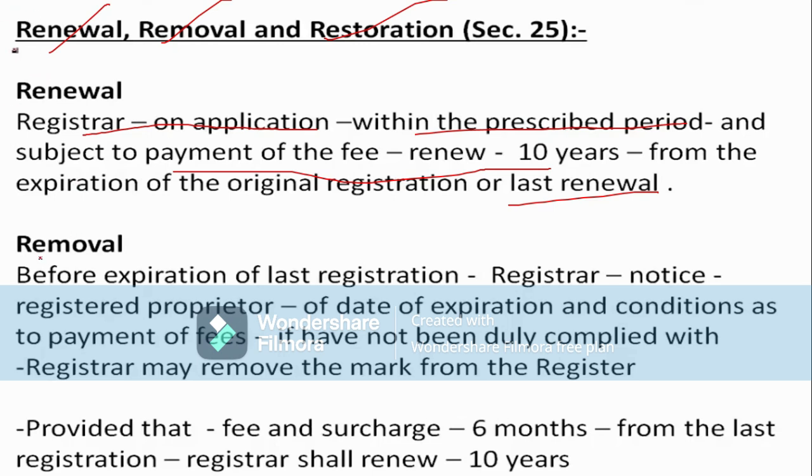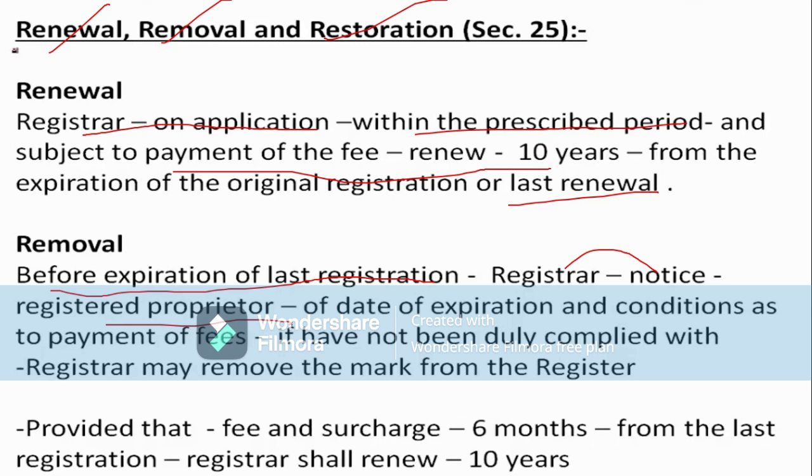If we see removal, it concerns the period before expiration of the last registration. My trademark registration was completed in 2023. After expiration of the last registration, the registrar will give notice to the registered proprietor.